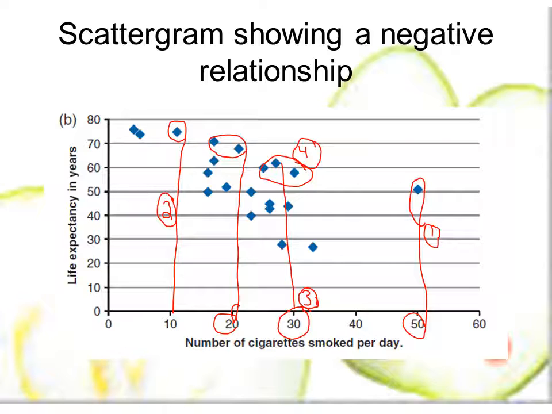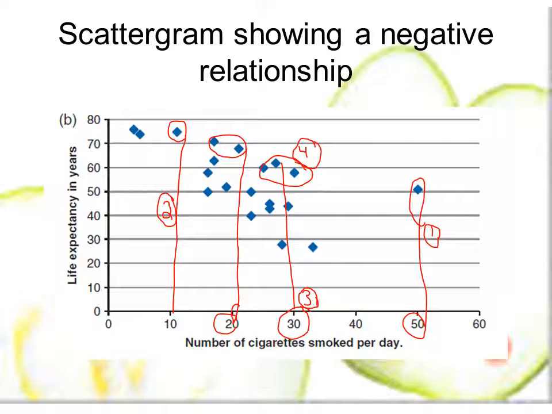So if I want to look at a scattergram and I want to identify the negative relationship, I can look at, on this particular scattergram, the life expectancy of an individual in years associated with the number of cigarettes smoked in one day.